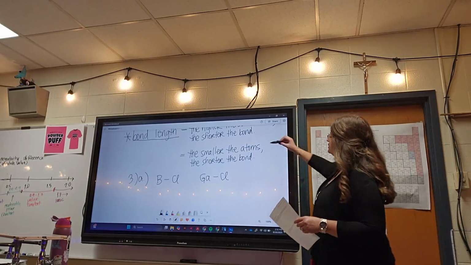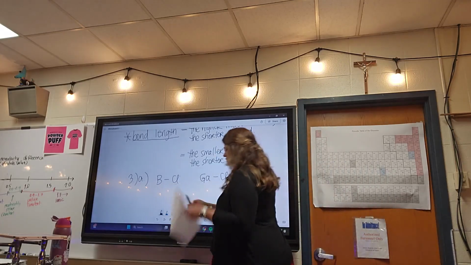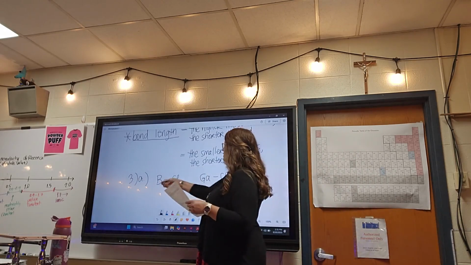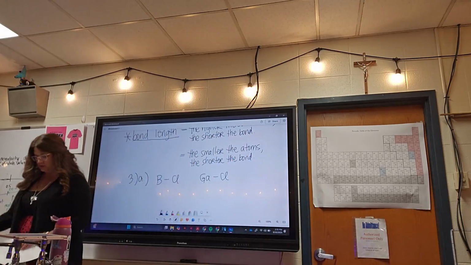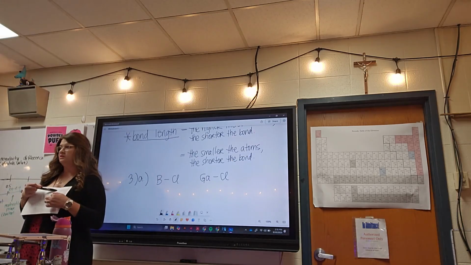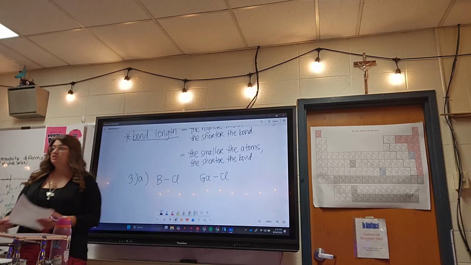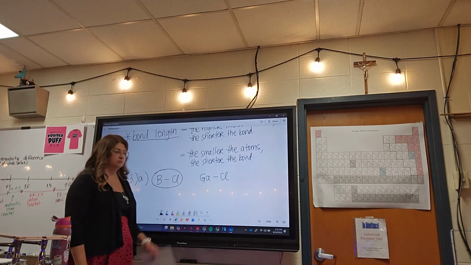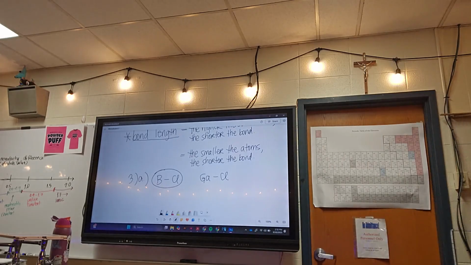So if I just said the smaller the atoms, the shorter the bond, we need to figure out which one of these two, okay, it wants us to know the shorter one. So which one of these two atoms is smaller? Use your periodic table trends. Boron is here and gallium is here, so which one is smaller? Boron, so that's the one you'll circle. So for number 3, all the work that you need to do is literally a circle. And that's just based on the atomic size trend.